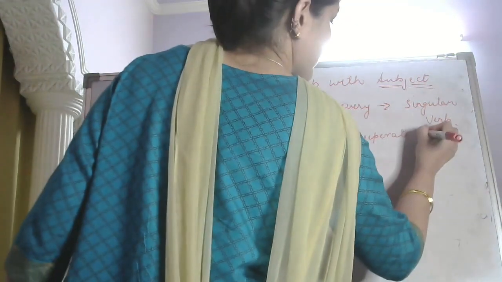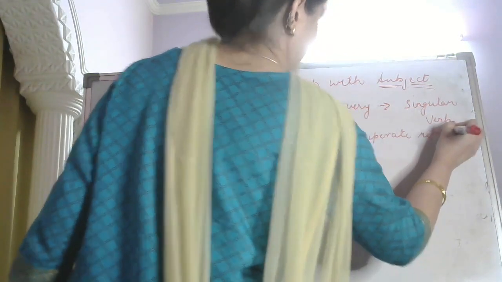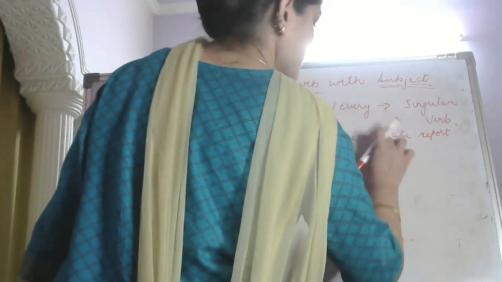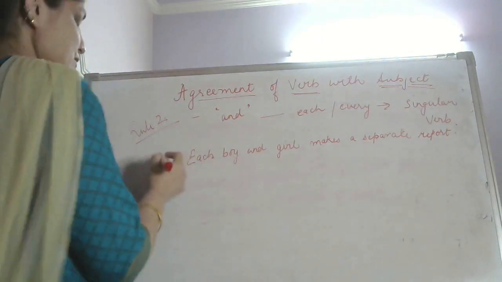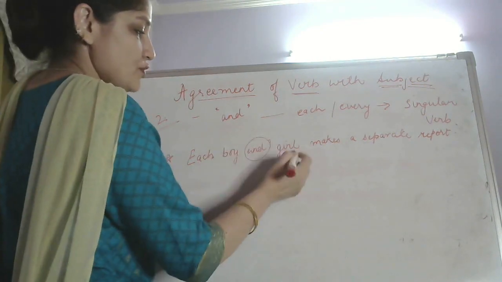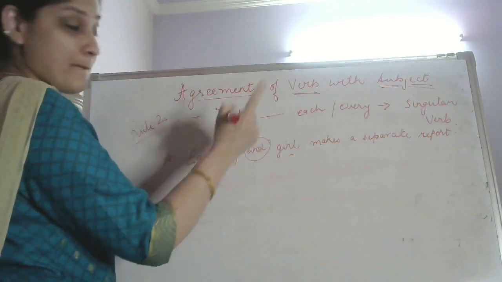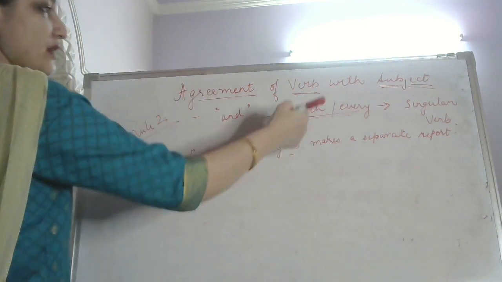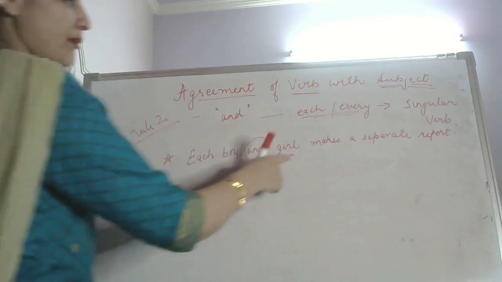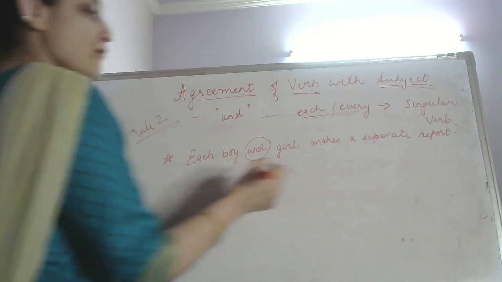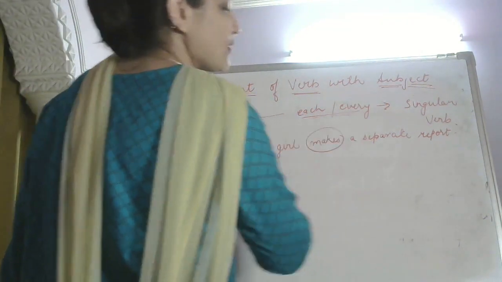Each boy and girl makes a separate report. See here, again we have joined two nouns with the help of an and, but it is preceded by each and every. Can you see that each? I have taken each. That means we are talking about every single person. The moment we are talking about every single person, the verb becomes singular.